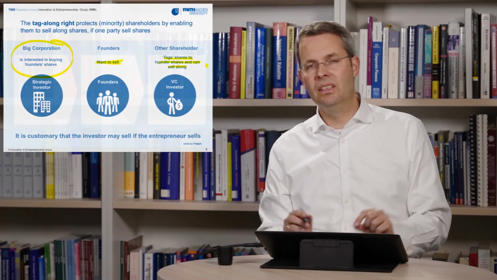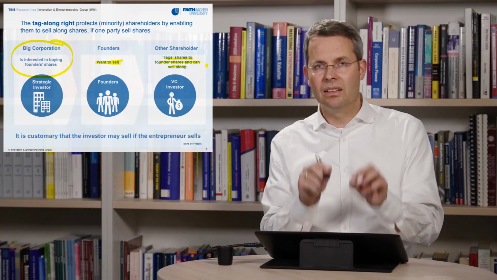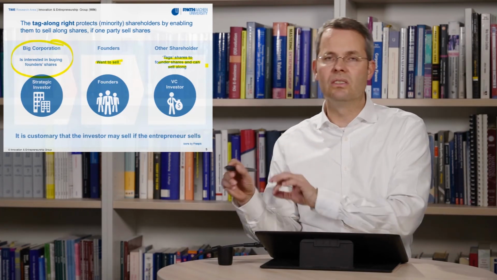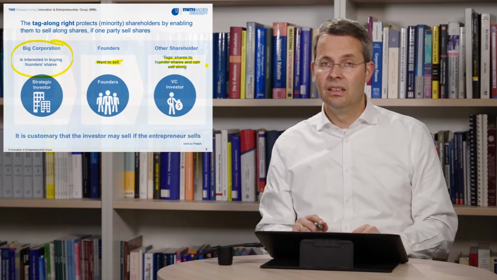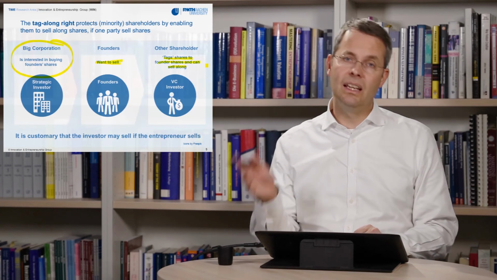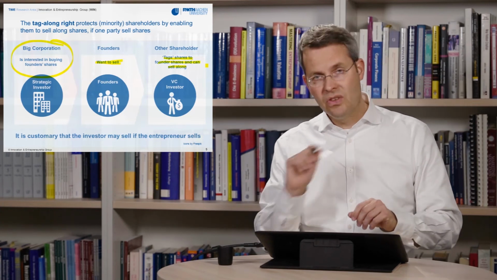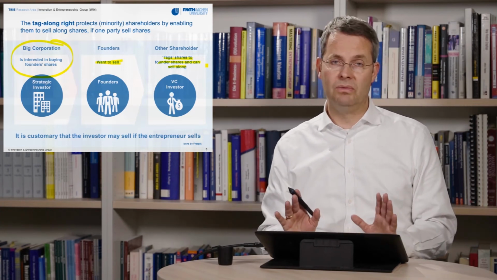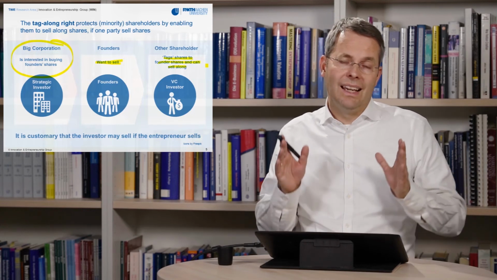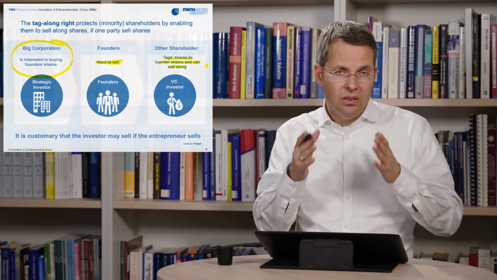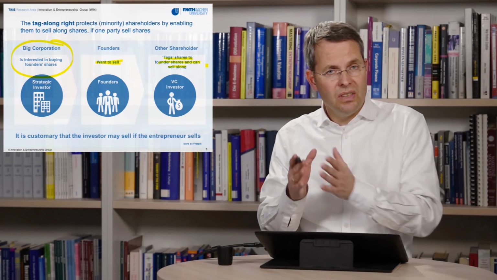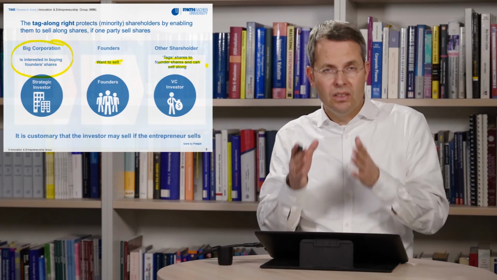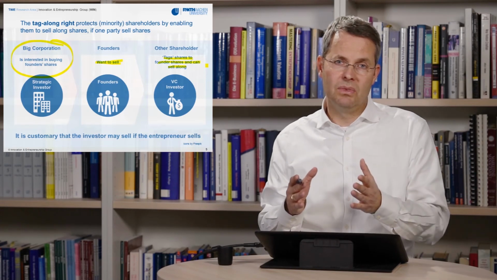So the VC normally takes the drag-along in combination with the right to exchange the entrepreneur. So if you as an entrepreneur don't want to sell, the VC will exchange you and then he will sell the company and drag you along. This is what happens. So make up your own mind. Do you want to run the company forever, or is it a restricted time frame and you can imagine also to exit the company?